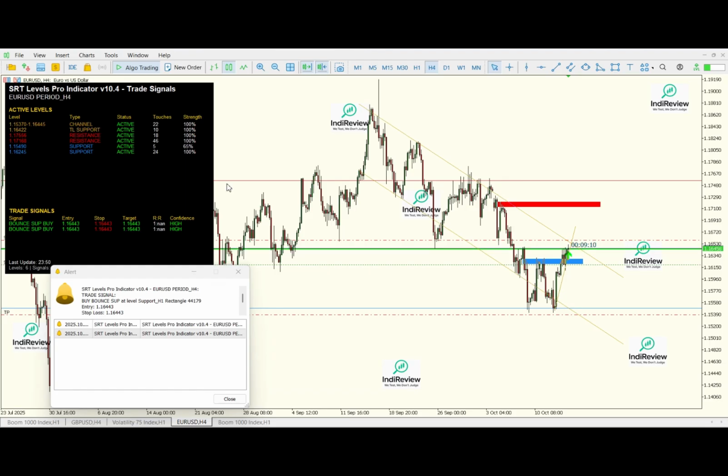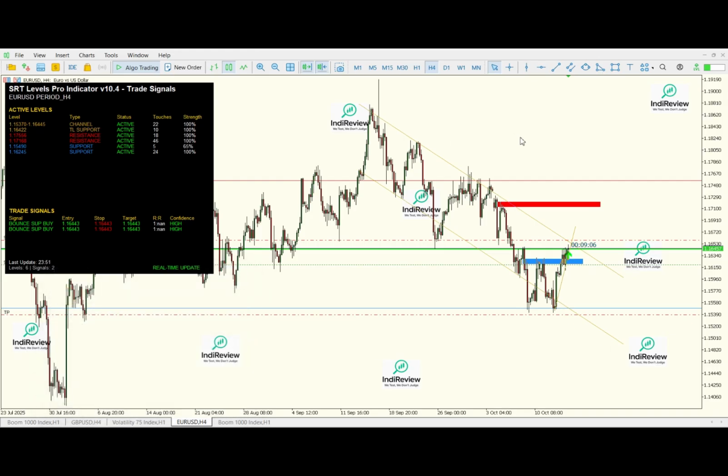It gives you a risk reward ratio, and gives you the confidence as high. So you just have to put in the orders and then you're good to go.